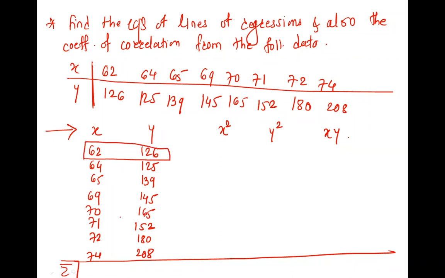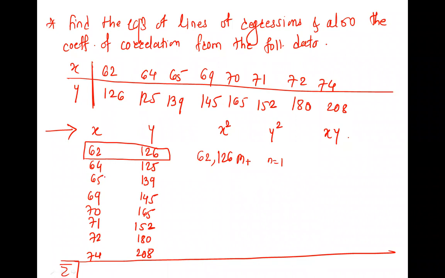How to introduce it in the calculator: 62, then comma is there above delete. So press comma. And the second number, that is 126. Press 126 there and then press M plus. M plus is above AC. Press M plus. You can see there N is equal to 1. Means your first pair X comma Y is in your calculator now.